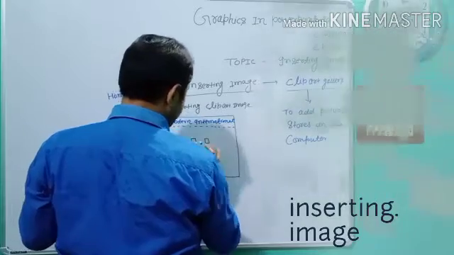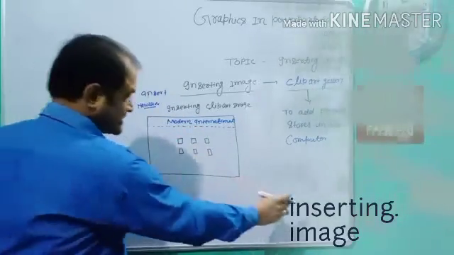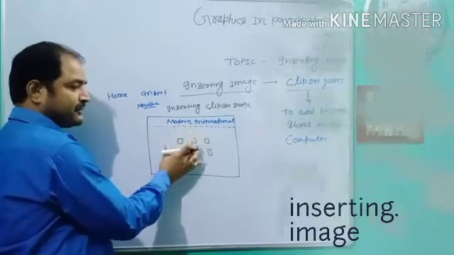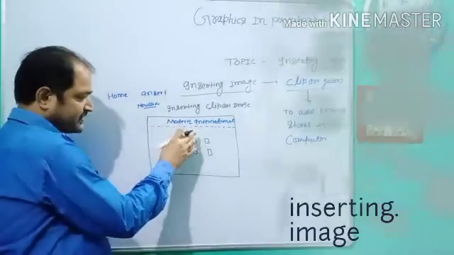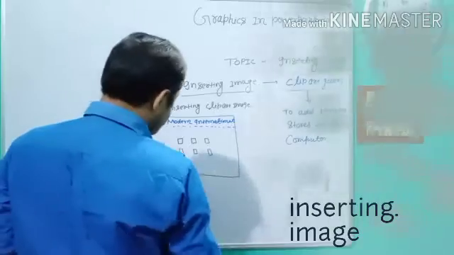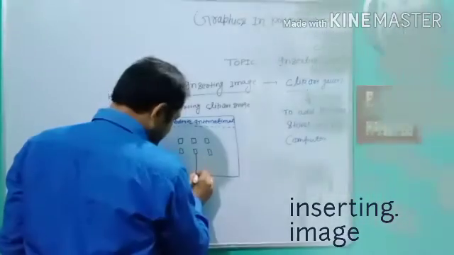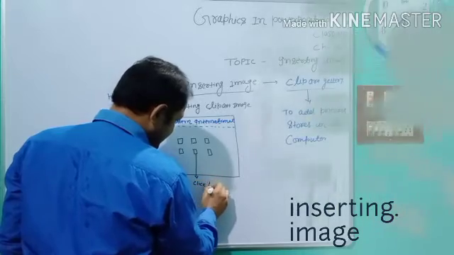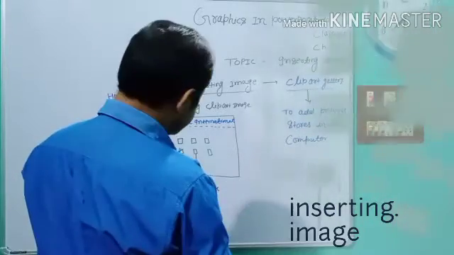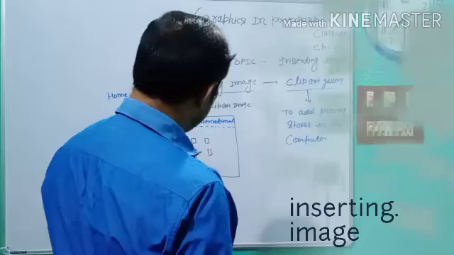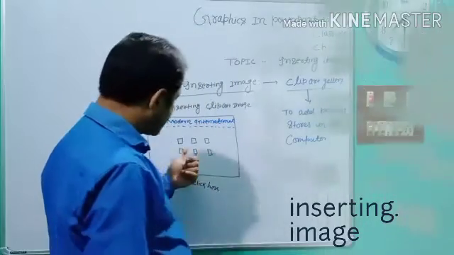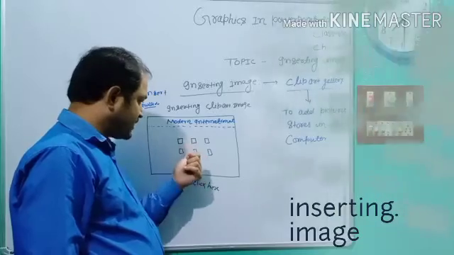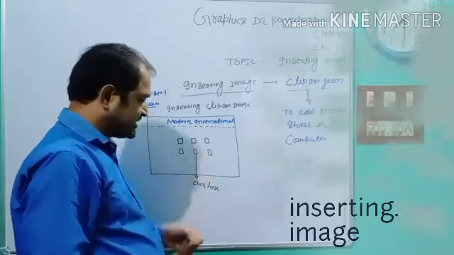You just hold the mouse pointer here. There are 6 areas, 1, 2, 3, 4, 5, 6. The third area, below in the middle part, you just click.